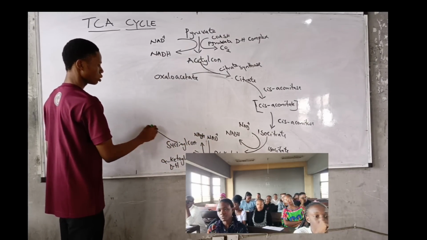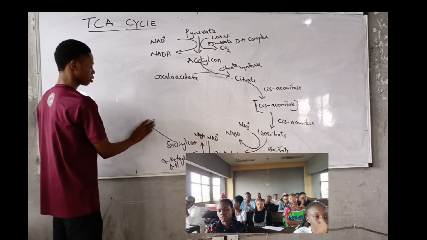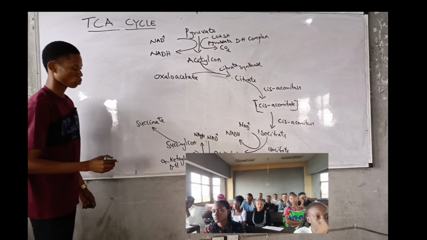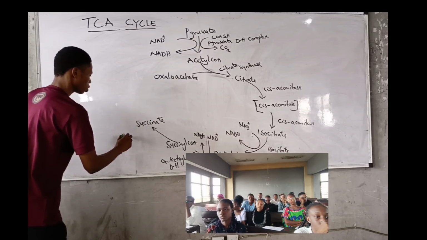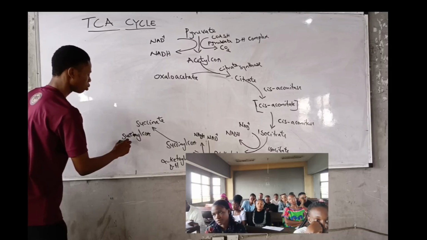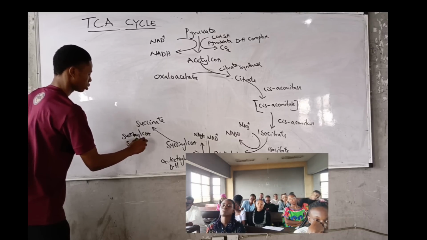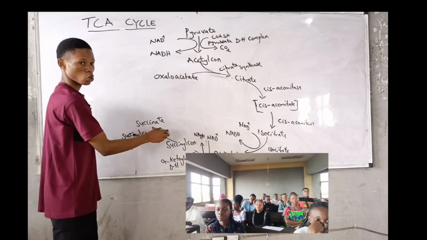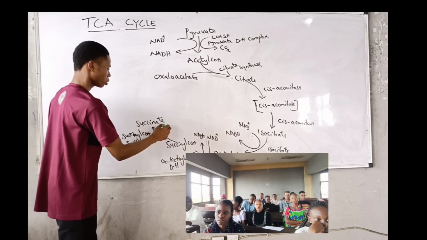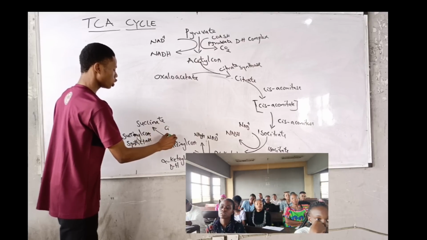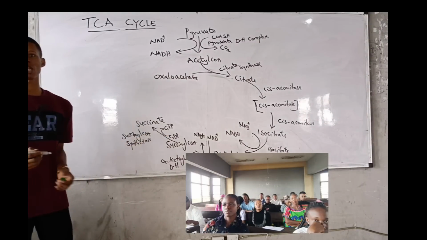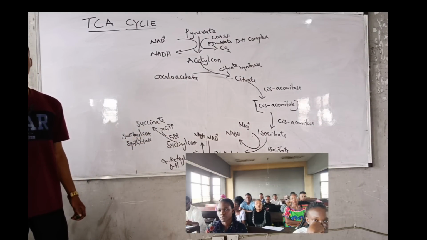Now from succinyl CoA to succinate, the name of the enzyme is succinyl CoA synthetase. What is converted to what here? GDP is converted to GTP. Now, you should note that GTP is equivalent to ATP. So 1 GTP is equal to 1 ATP.